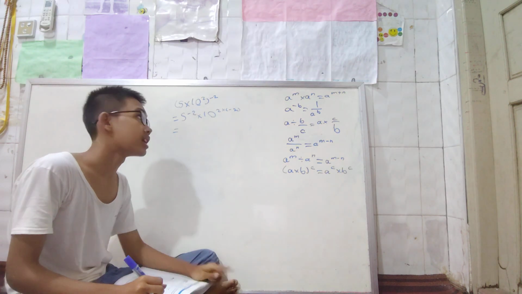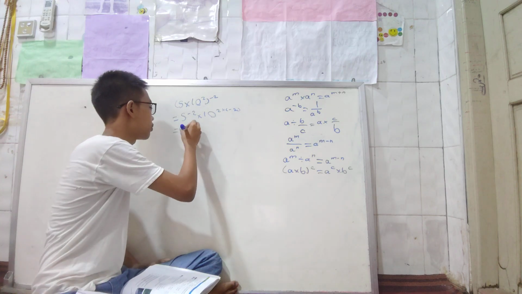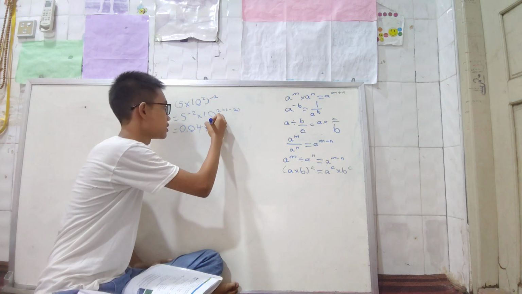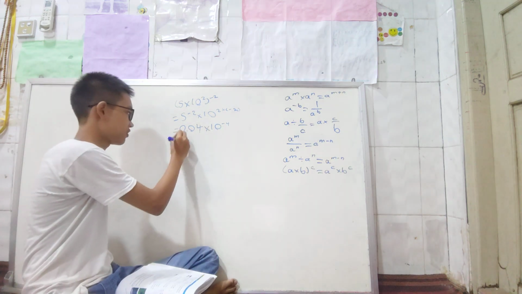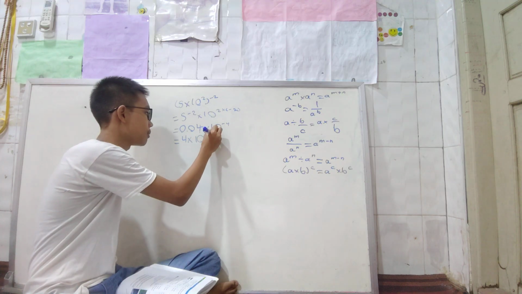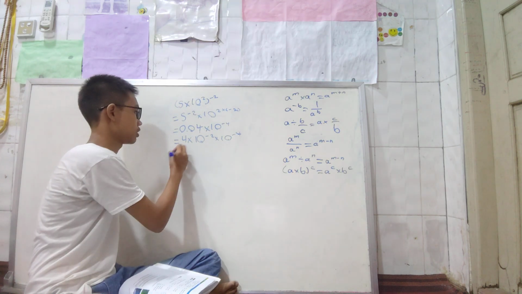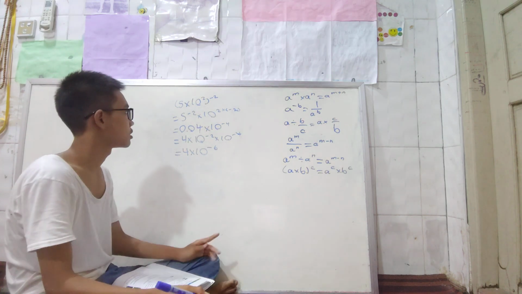Let me do the math in my head. So 1 over 25, that's just 0.04 times 10 to the power of minus 4. We're going to convert this to standard form first. So 4 multiplied by 10 to the power of minus 2 times 10 to the power of minus 4, which is then equal to 4 times 10 to the power of minus 6.